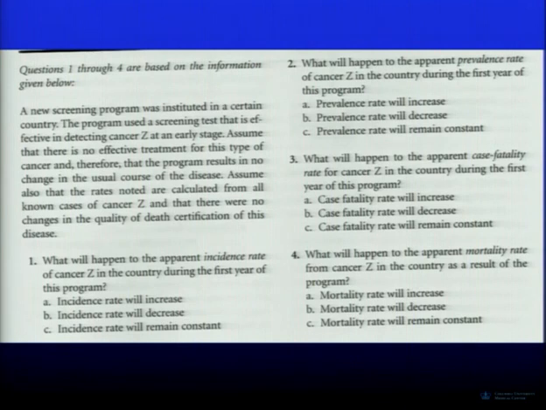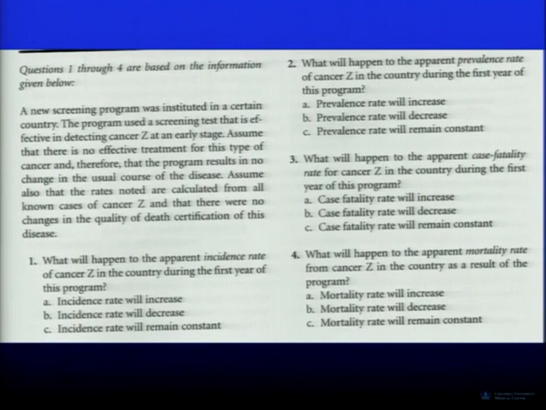Right, because you're going to have an increase in the diagnosis, right? So what will happen to the apparent prevalence rate of cancer Z in the country during the first year of this program? It'll increase because you're having an increase in incidence, there's no change in duration. What will happen to the apparent case fatality rate for cancer Z in the country during the first year of the program?